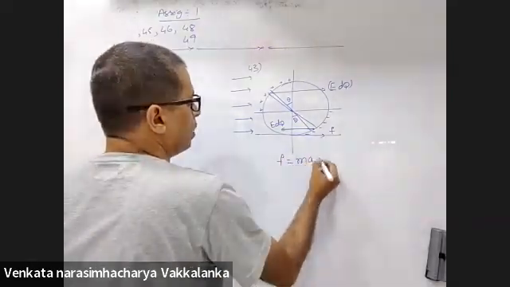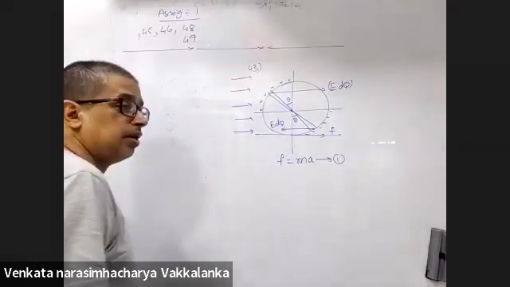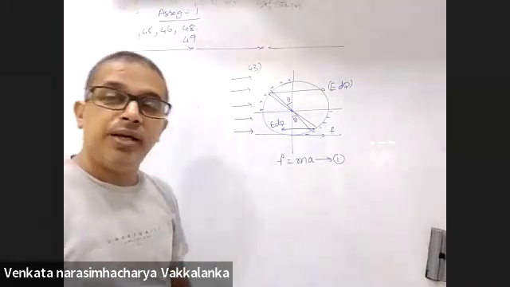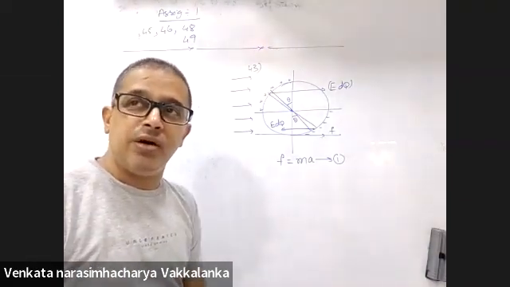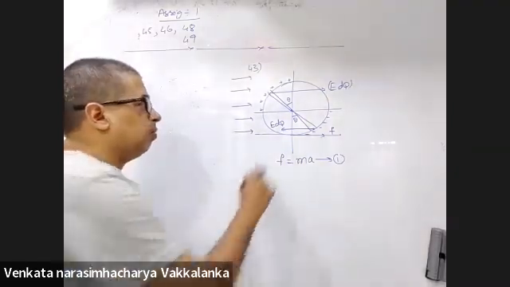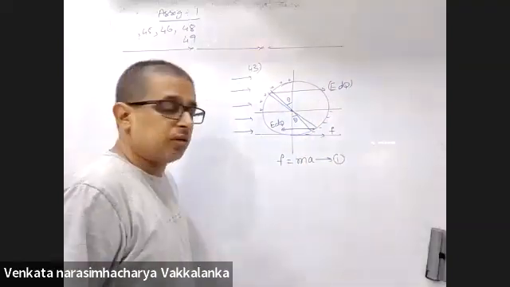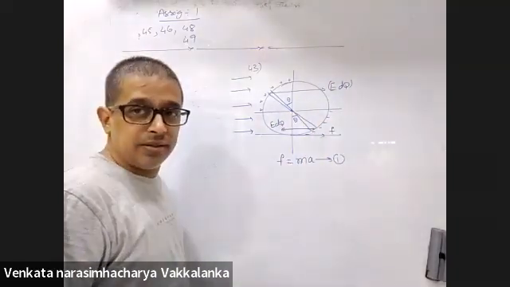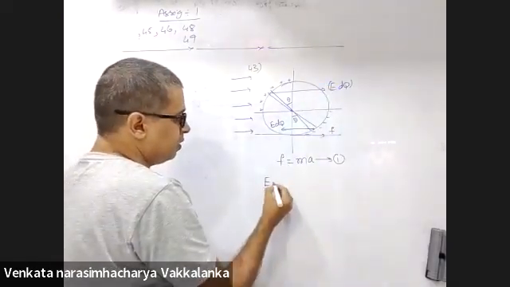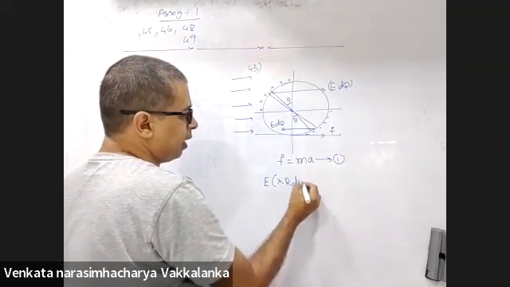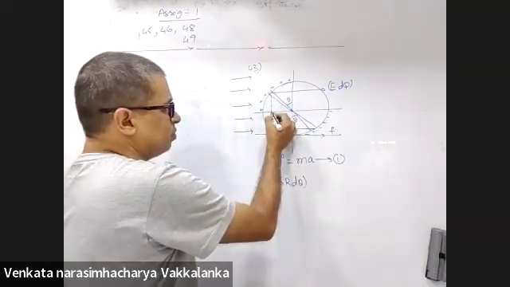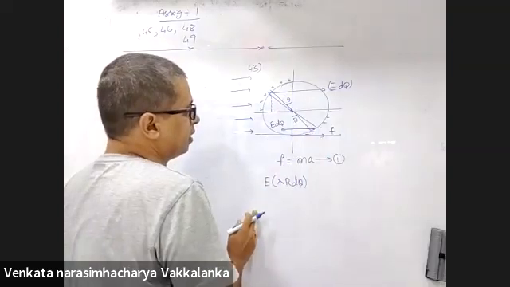Friction is equal to mass into acceleration. Acceleration will be the acceleration of center of mass, right? Yes, sir. Now, why didn't you take electrostatic forces? Electrostatic forces will cancel out. Now, net total torque because of this is E dq. dq is lambda r d theta. dq into the perpendicular distance will be r cos theta, right?